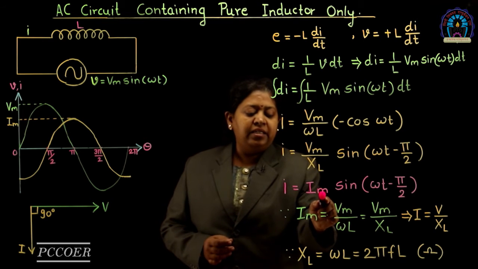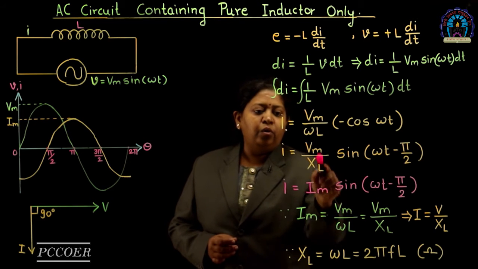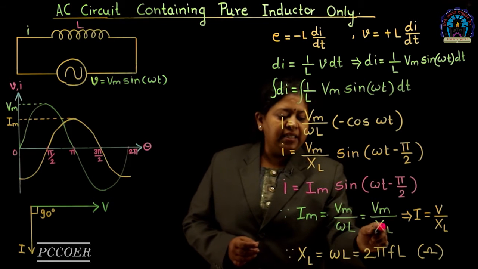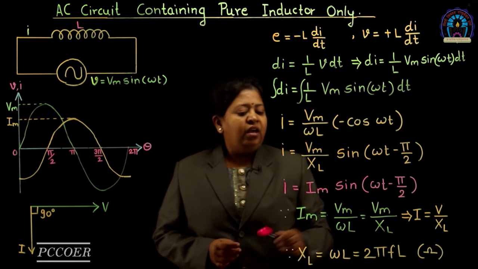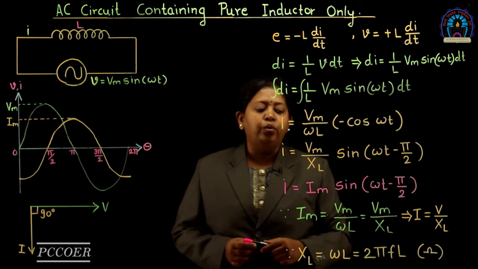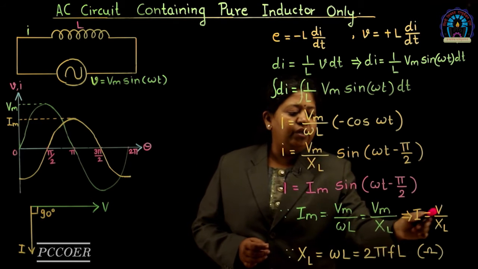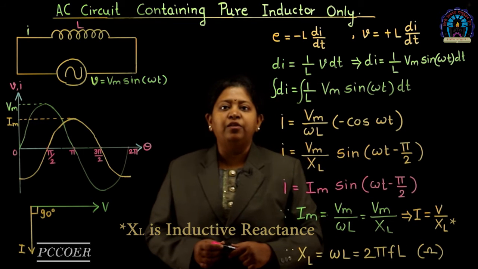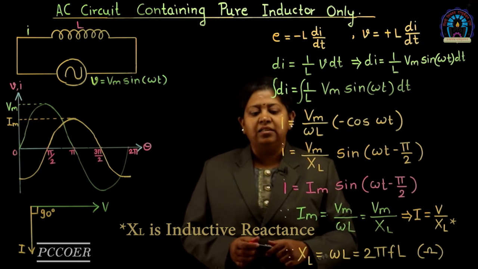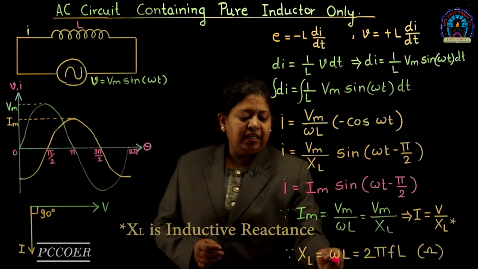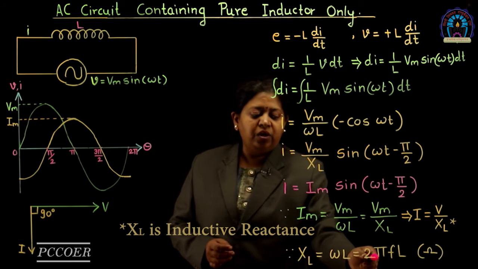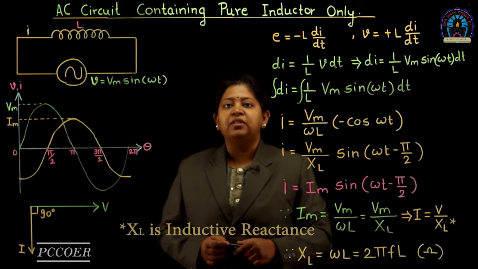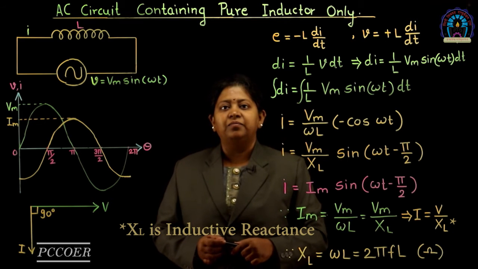Here, Im is equal to Vm upon omega L. This is equal to Vm upon XL, as XL is equal to omega L. If we divide this equation by root 2, we get I is equal to V upon XL, where I and V are the RMS values of voltage and current in this circuit. Here XL is equal to omega L is equal to 2 pi FL. This is the total opposition because of this pure inductor in the circuit.